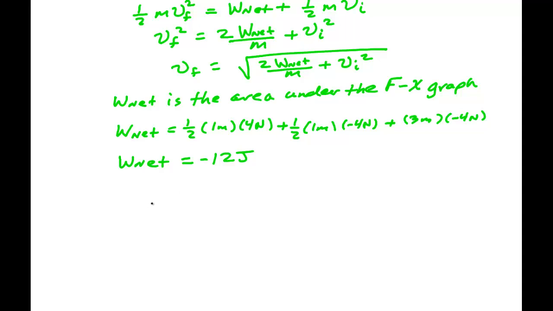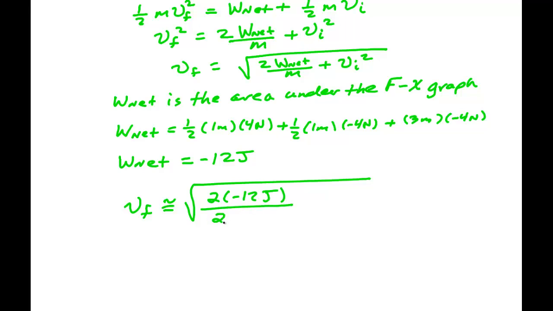So the final speed is approximately the square root of 2 times minus 12 joules divided by the mass of the object, 2.3 kilograms, plus 14 meters per second squared. Put all that together.